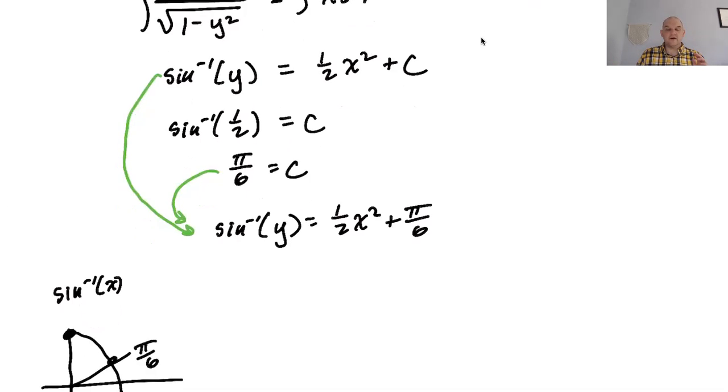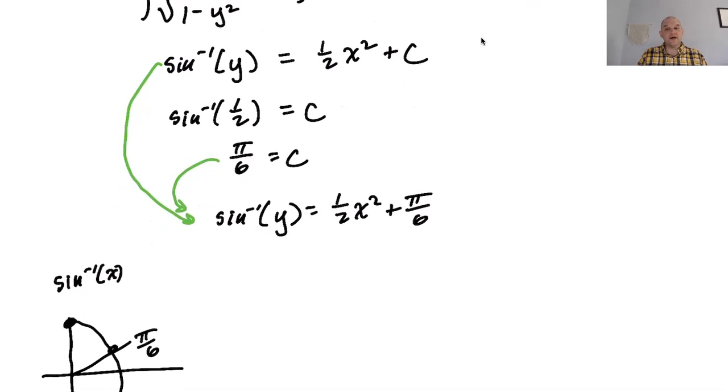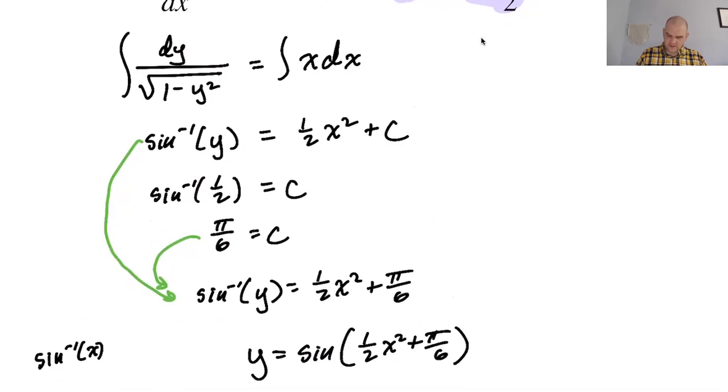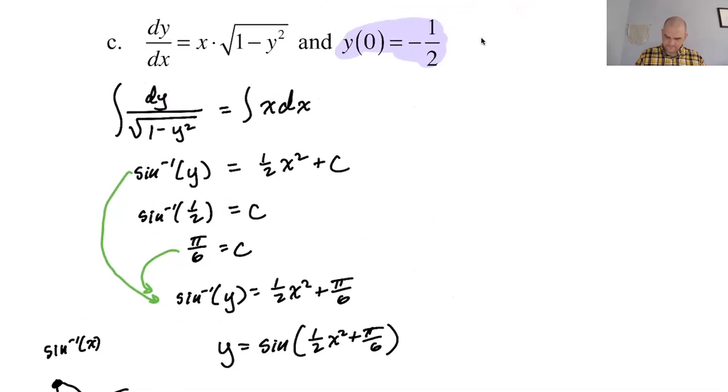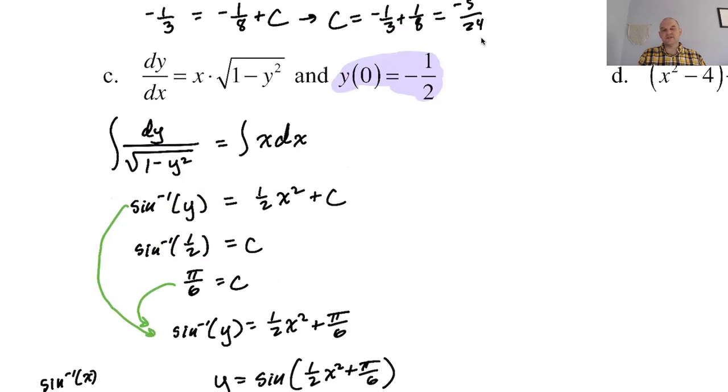All right, I'm gonna take the sine of both sides because I have to solve for y, not solve for inverse sine of y. So I'll say y is equal to the sine of 1/2 x squared plus pi over 6. Crazy. And then, technically from the original, y needs to be between -1 and 1.